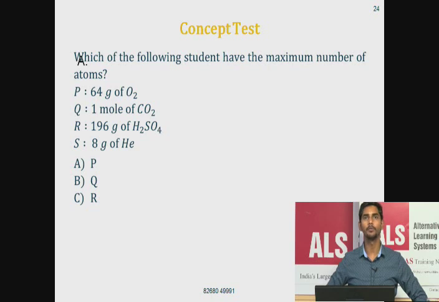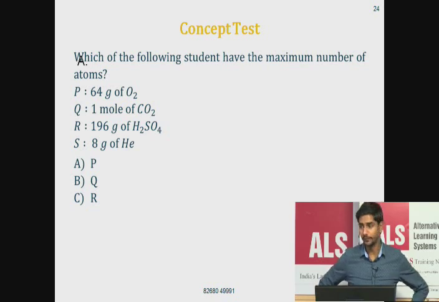See, the Avogadro number would be common in every one of these given questions. So what you have to determine is just the number of moles. Just don't go with the options directly.